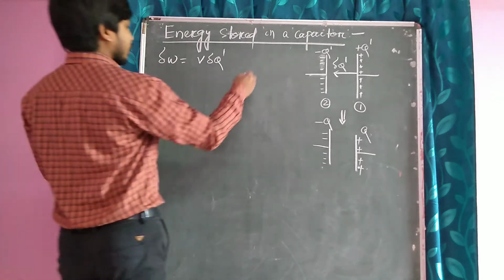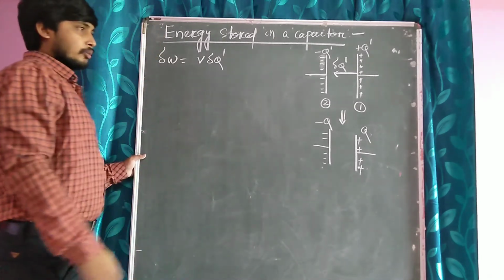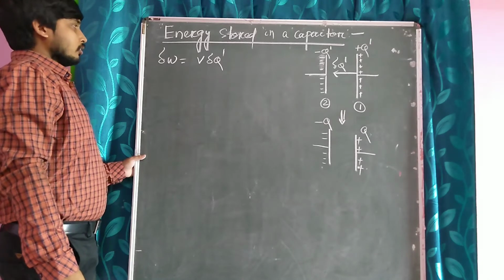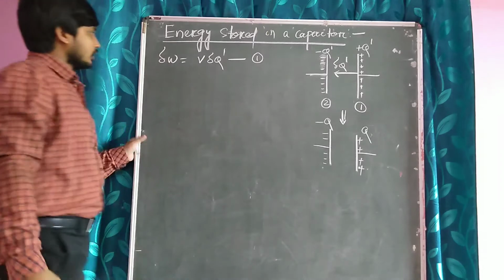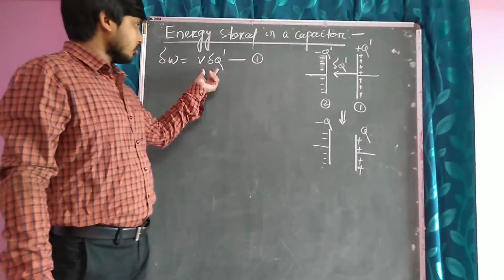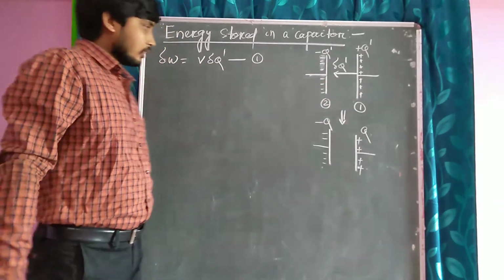From where do you get the equation? Now we know that potential V is equal to W by Q. So W equal to VQ. Let it be equation number 1. This is the work done in displacing a charge of delta Q prime.